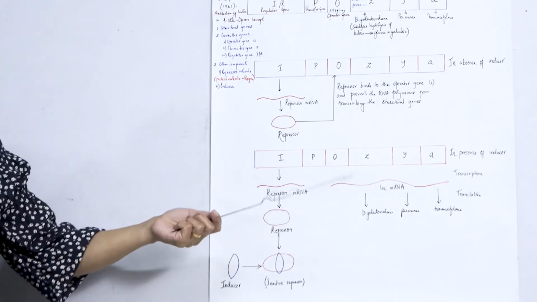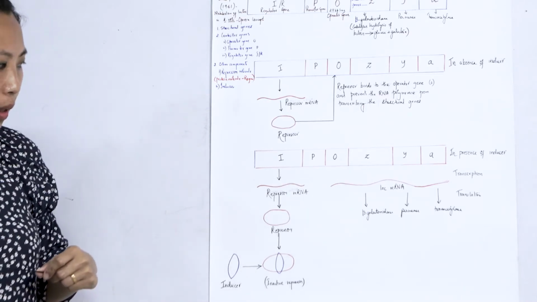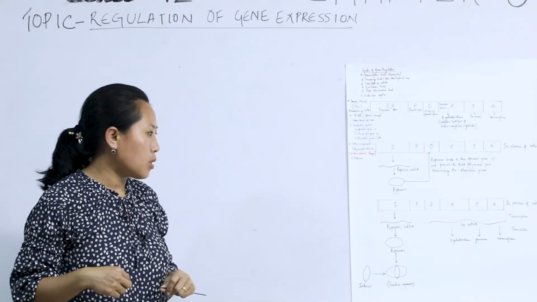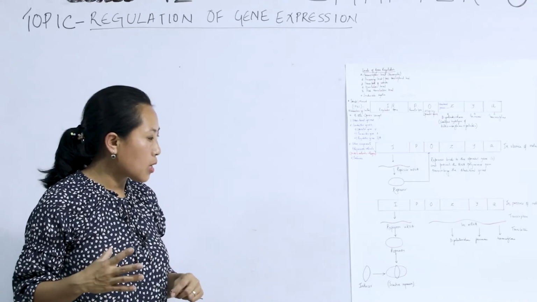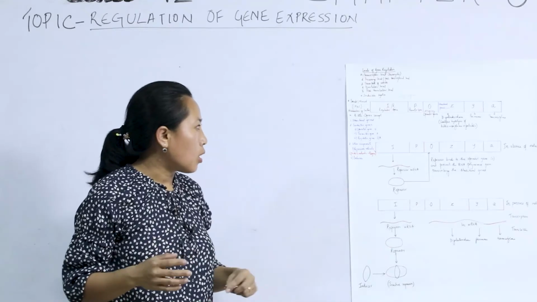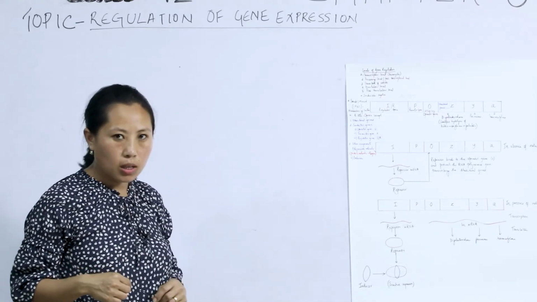The Z gene codes for beta galactosidase, the Y gene codes for the enzyme permease, and the A gene codes for transacetylase. These enzymes are synthesized, and beta galactosidase causes the hydrolysis of lactose into glucose and galactose.